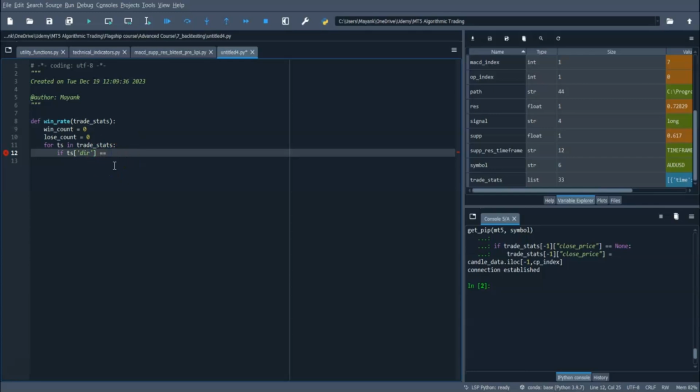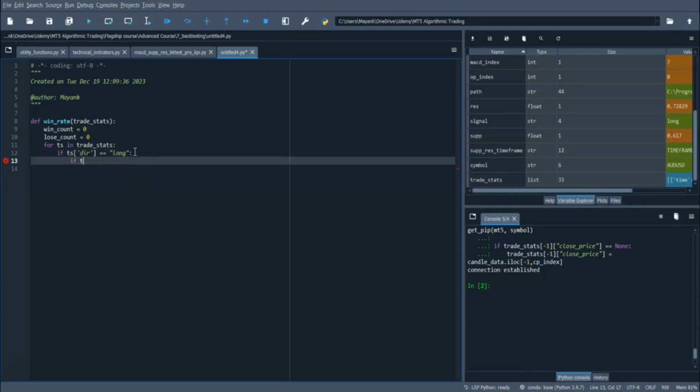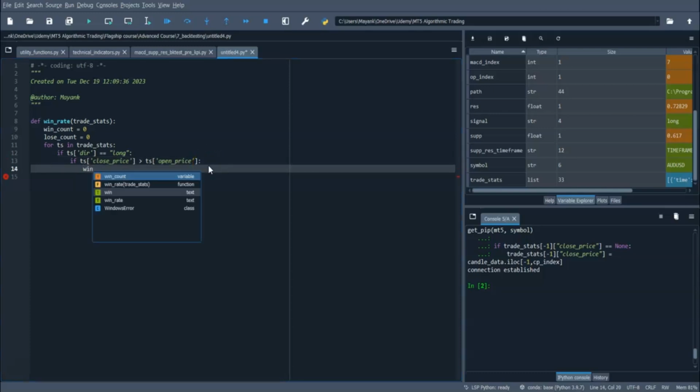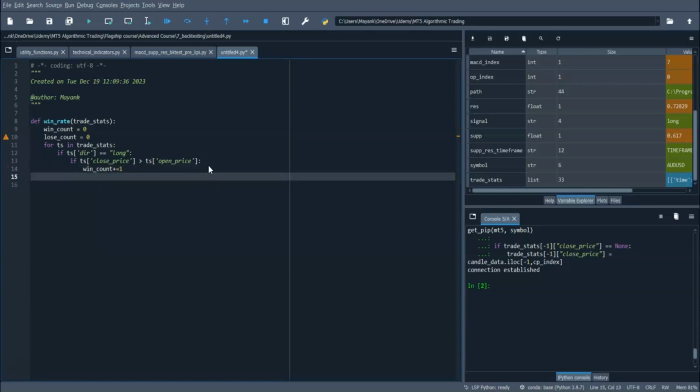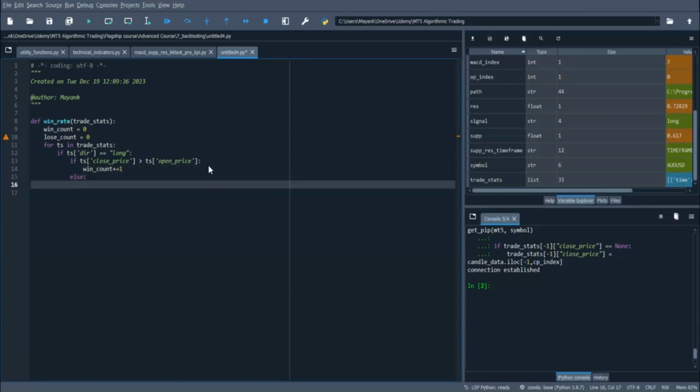If TS DIR is equal to long, then if TS close price is greater than TS open price, then increment win count by 1, plus equal to 1. And if that's not the case, increment the lose count by 1.